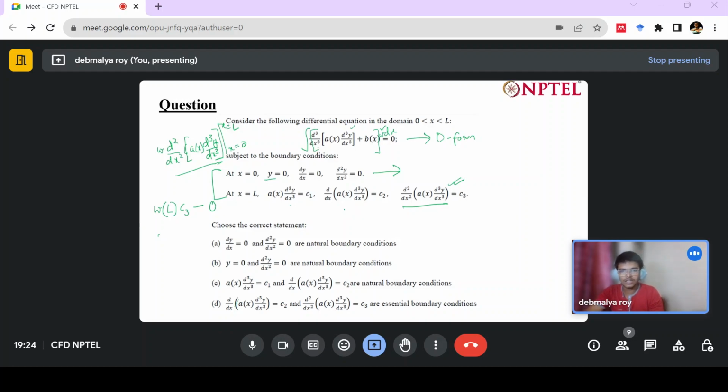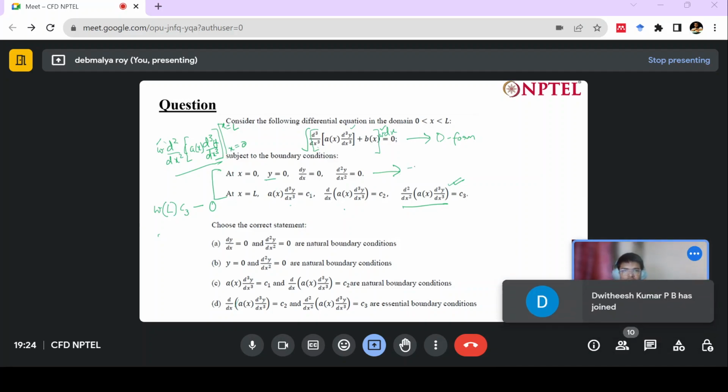The conditions that are given here at x is equal to 0, are they natural or essential conditions? Since we are specifying these variations as 0, these variations that are being specified will be essential boundary conditions.